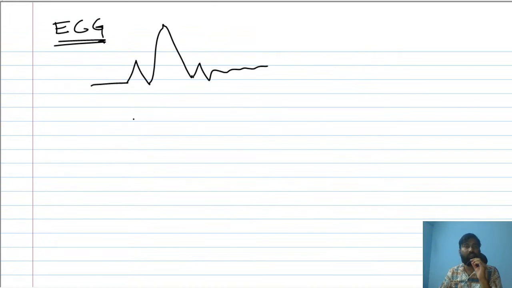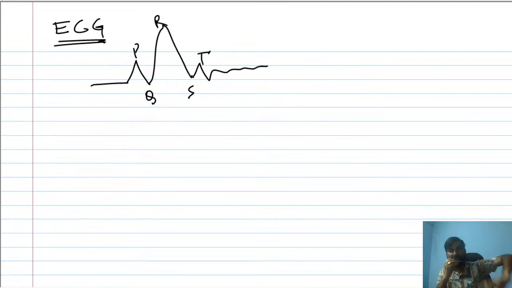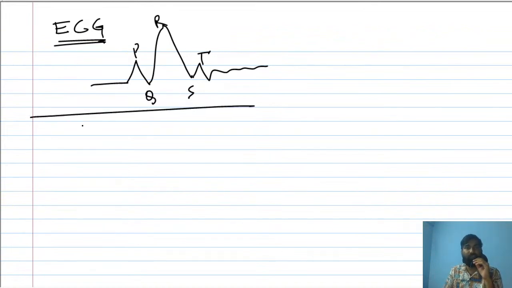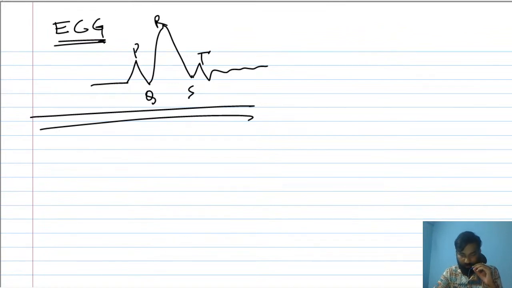There are some letters written, P, Q, R. We can't understand these letters; only the doctor understands them. So this is also one kind of signal, the ECG waveform, which you always see on the CRO as your heart fluctuates. This is very, very important.